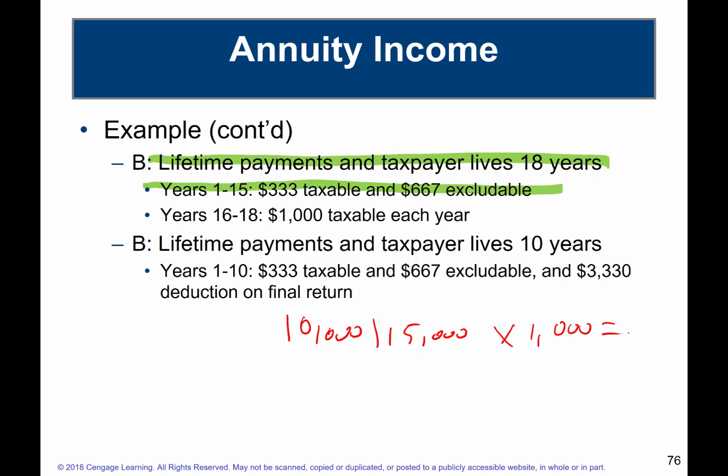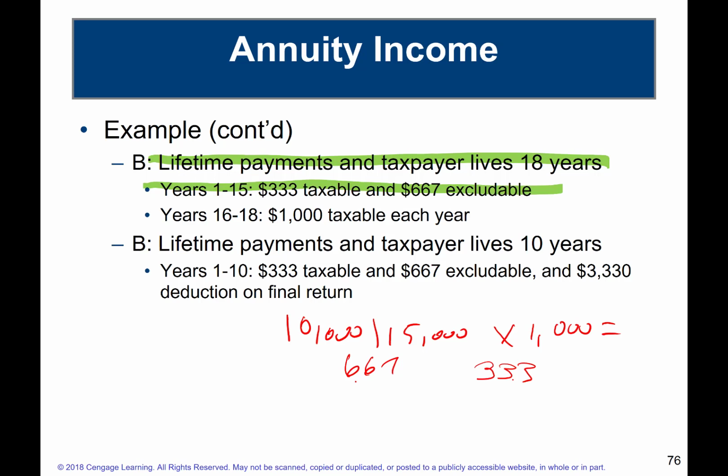And that's how they came up with the portion that is excludable, the 667. Maybe you guys saw that without me having to write in these calculations. The remainder of that 1,000 is includable. Okay, and that goes on for years 1 through 15.